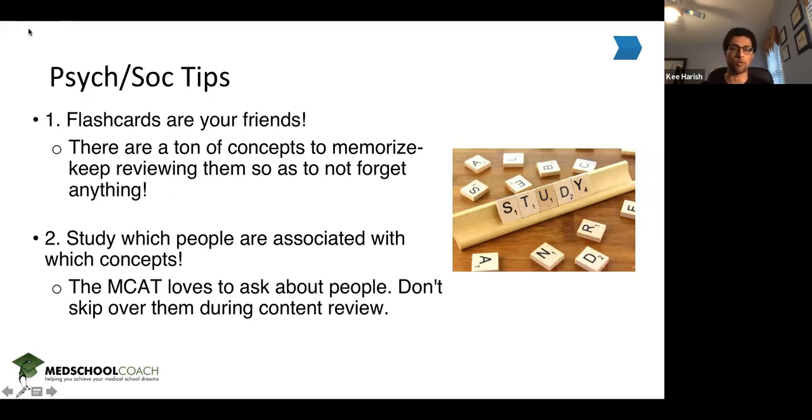Psych and Soc doesn't quite work like that. If you've taken an intro class, you'll know that psychologists and sociologists love their people. And so I would encourage you not to ignore those parts of the content and to associate the people with the ideas, know who goes with whom, with what concepts, and so on and so forth.